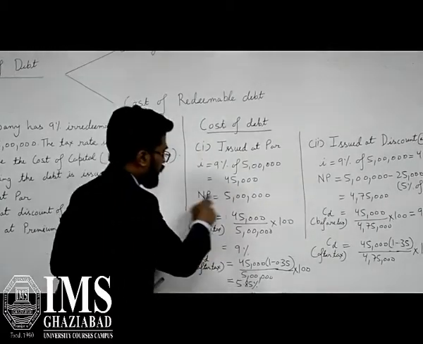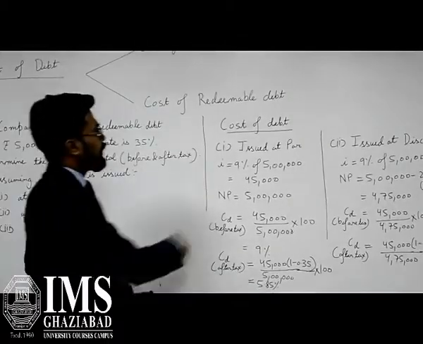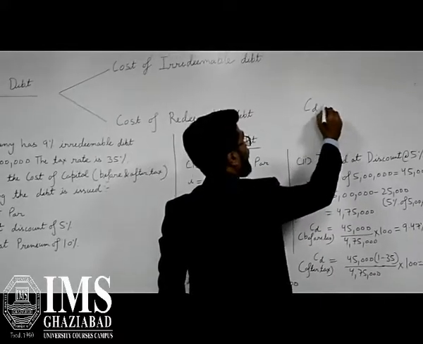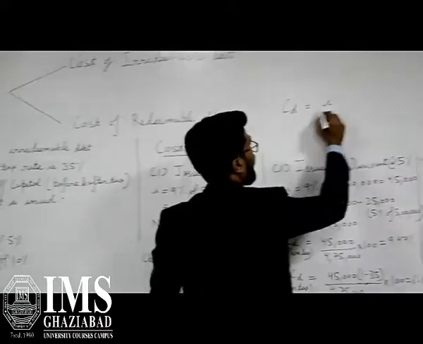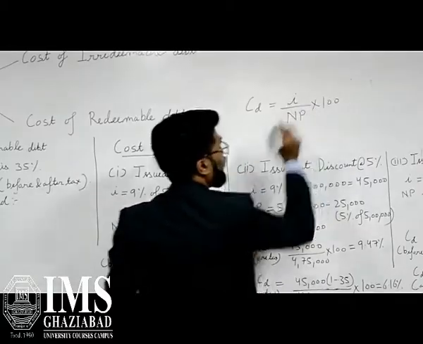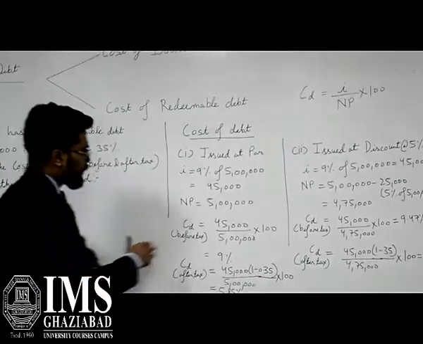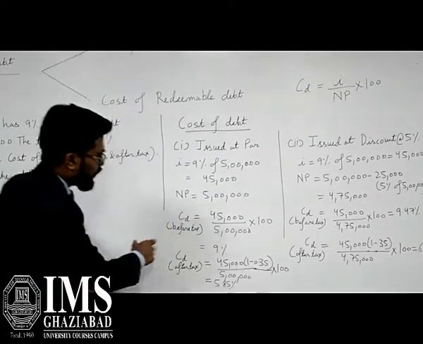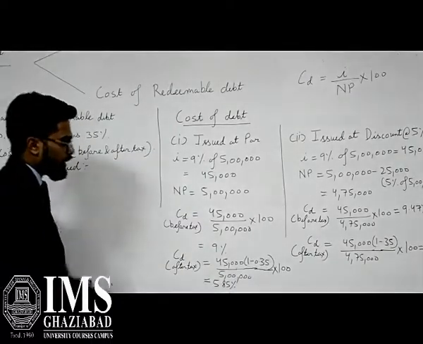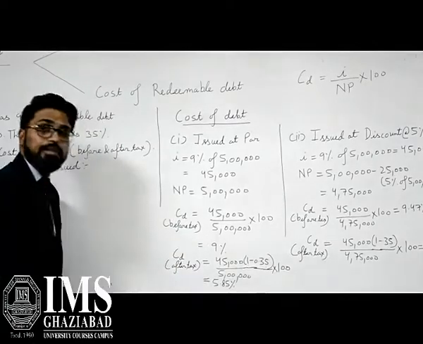We have already seen the formula, I divided by NP into 100. So 45,000 divided by 5 lakh into 100. Before tax we have a cost of 9%.